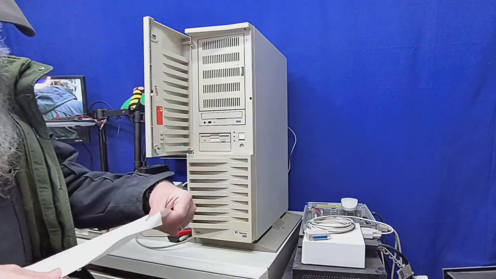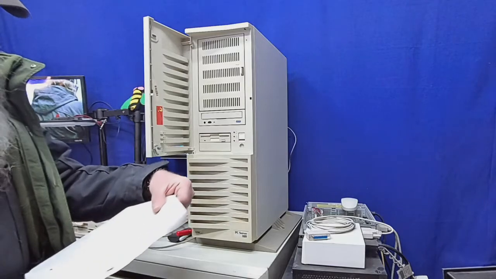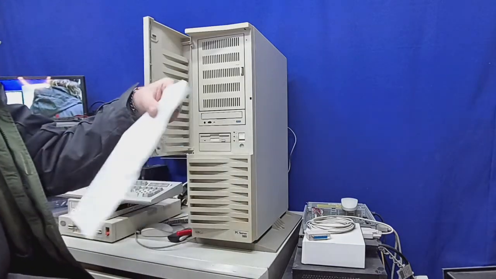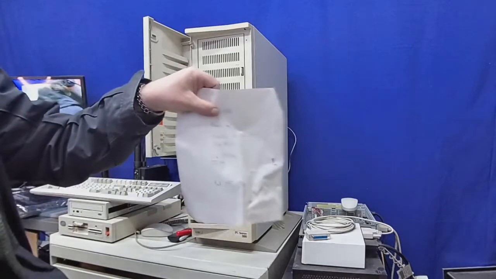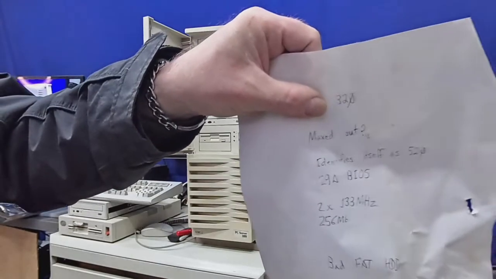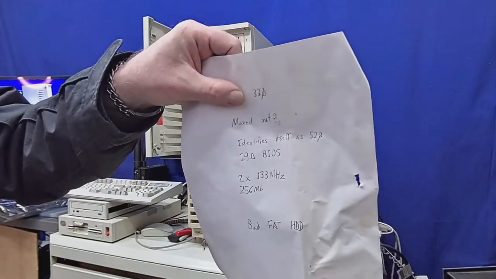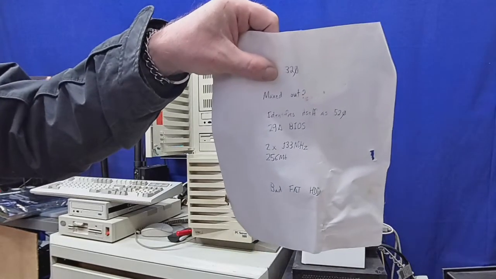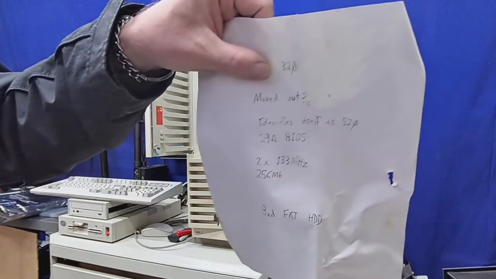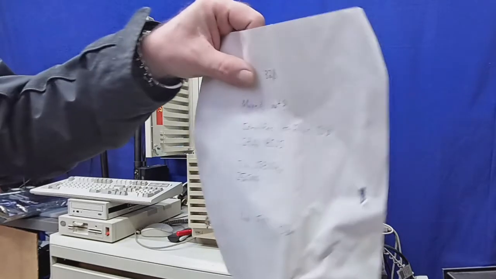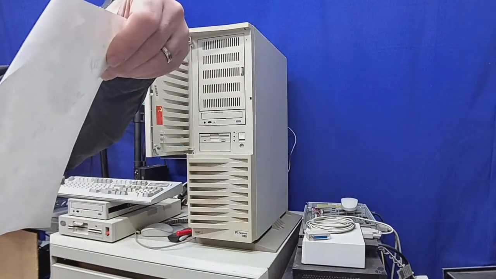I went through and wrote down some information, and this is on top. So I knew a little bit what I had to work with, and I've got 320 with my thumb over one little particular aspect, and it even says maxed out, and then it identifies itself as 520.